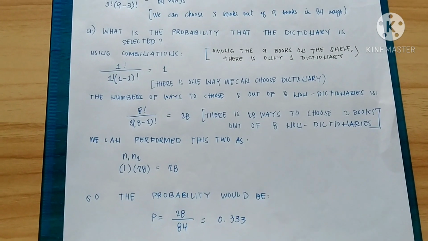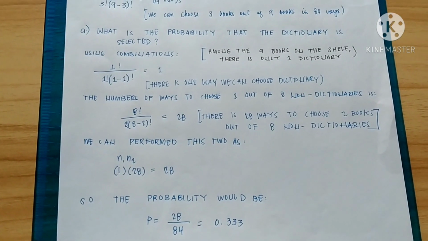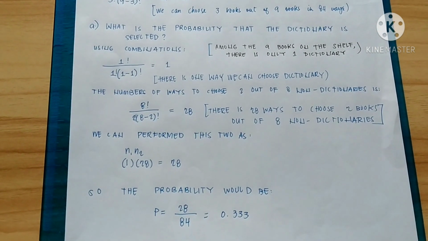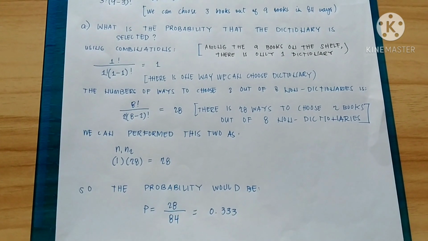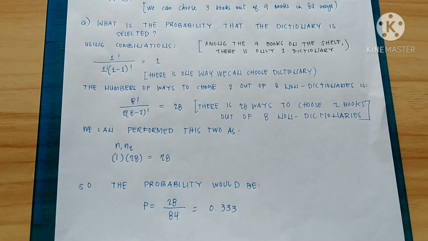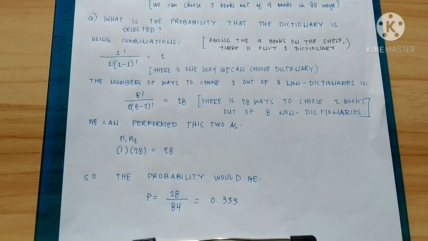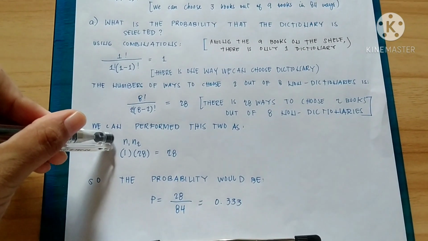If the first operation can be performed in 1 way, which is the number of ways to choose 1 out of 1 dictionary, and for each of these ways, the second operation can be performed in 28 ways, the number of ways to choose 2 out of non-dictionaries, then these 2 operations can be performed together as n1 multiplied by n2.